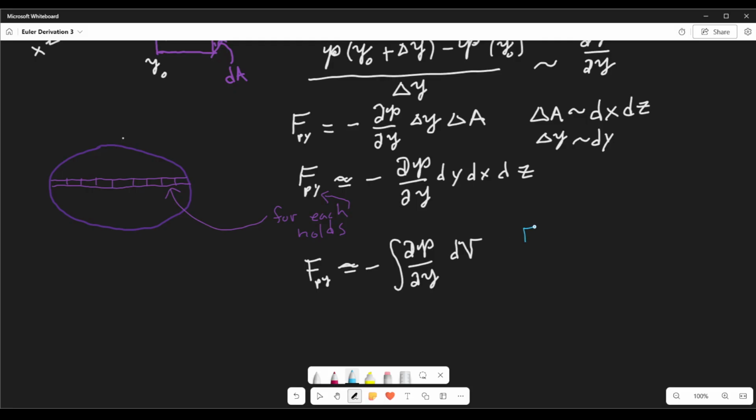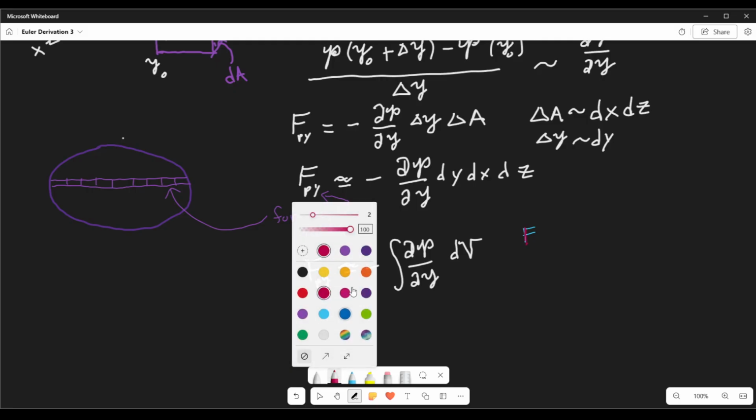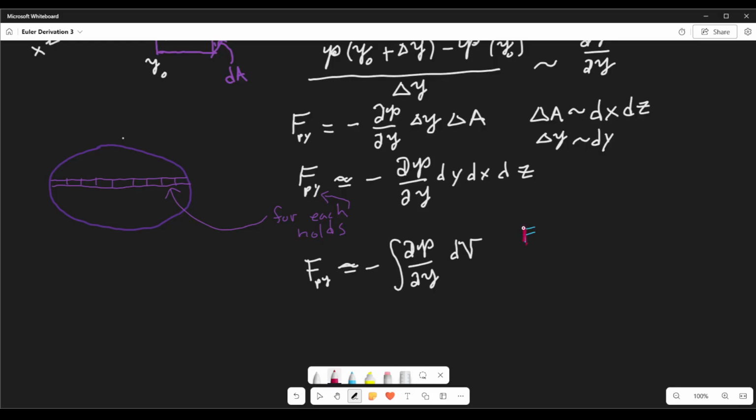So there's also the integral that looks like F of p in x equals negative the partial of p with respect to x, dV, and there's an integral that looks like the same for z.